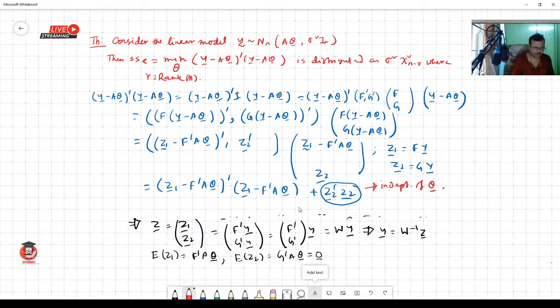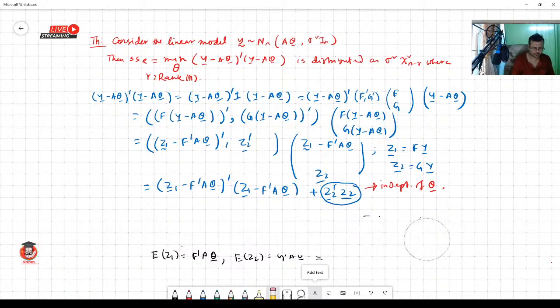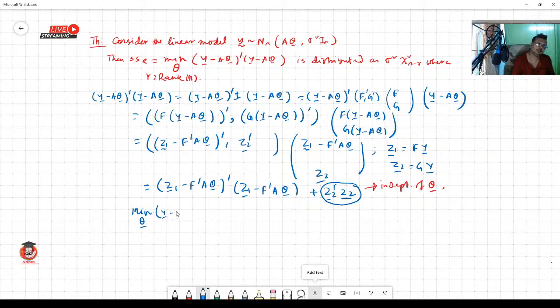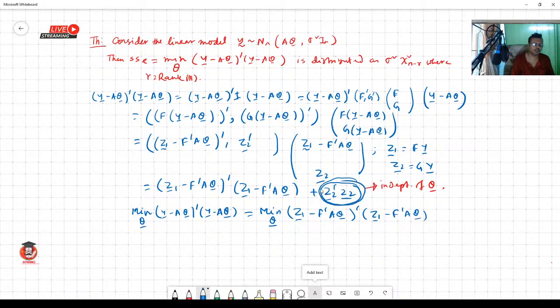So now minimization of this is the same as minimization of (z1 minus f prime Aθ̃) prime (z1 minus f prime Aθ̃), because this portion is independent of θ̃.